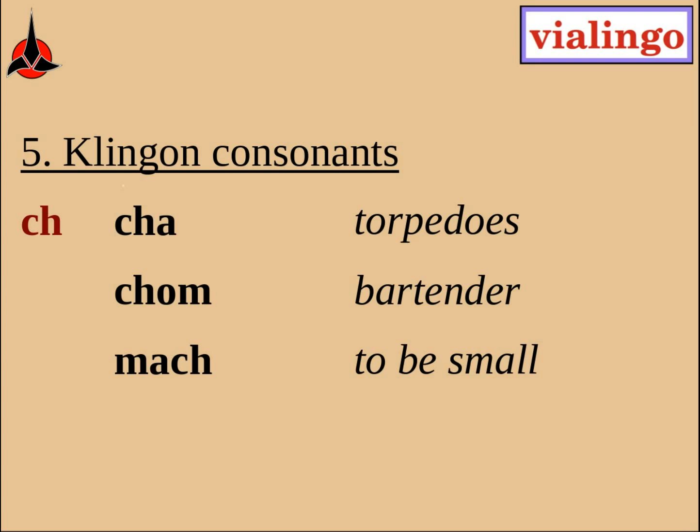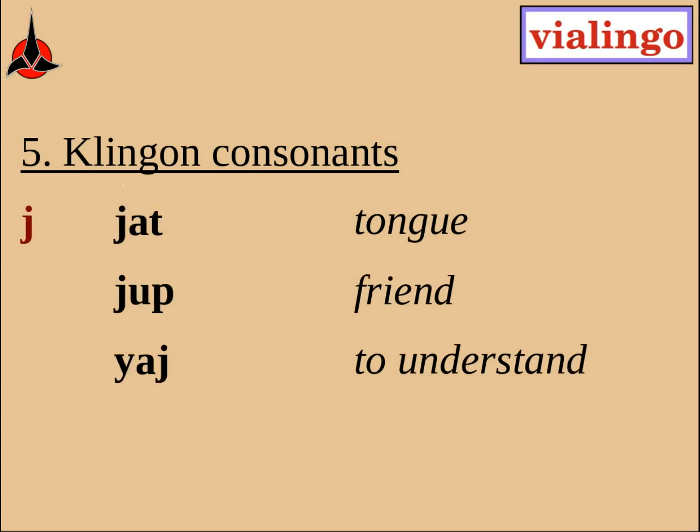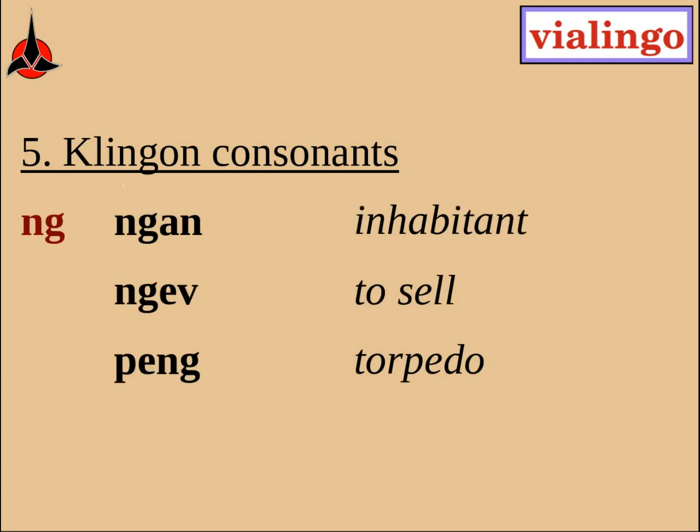Cha, chom, March. The letter J sounds like the J in justice. Jart, Droop, Yarge. The sound written as ng sounds like the ng in song.